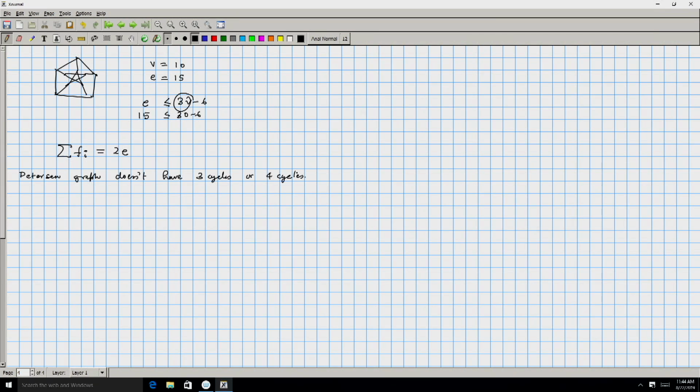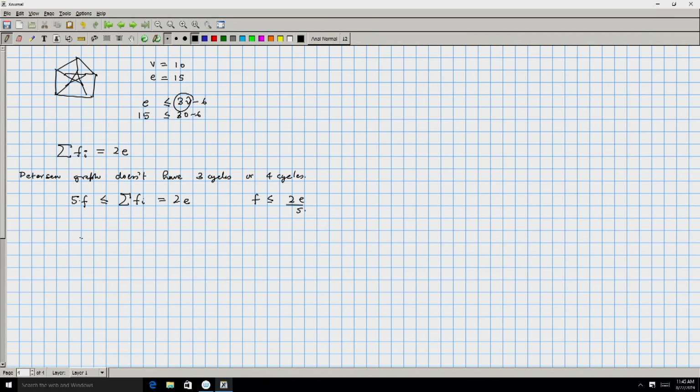This is something that you can easily check, and because of this every face must contain at least 5 edges. So, 5 times f is going to be less than or equal to the summation of fi, that is equal to 2e. So, we can conclude from this that f is less than or equal to 2e by 5.